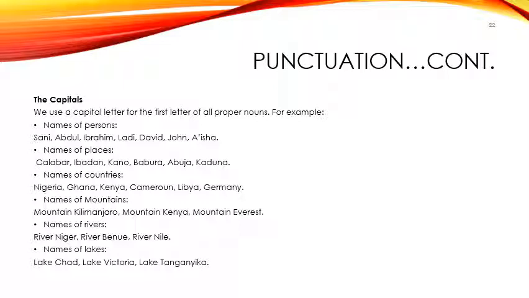Names of mountains. Mountain Kenya, Mount Everest. Names of rivers. River Benue, River Nile. The names of what? Lakes. Lake Chad, Lake Victoria. All these are written using capital letters, regardless of where they appear in a particular passage.